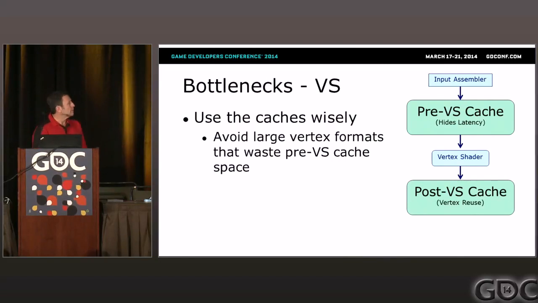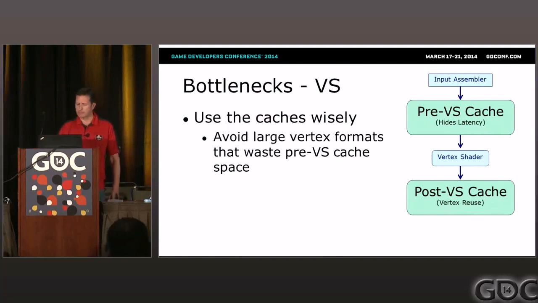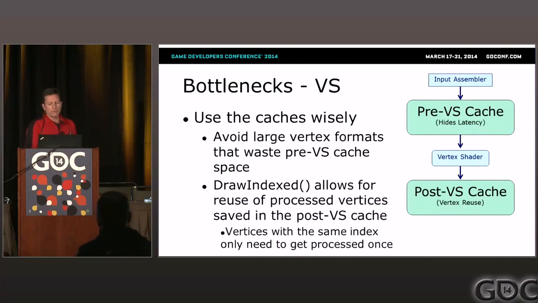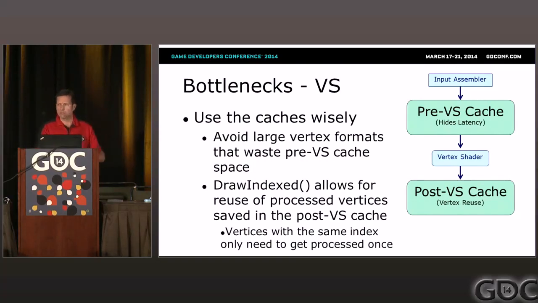In particular, you should avoid very large texture formats because they take up more space in the cache, and so you don't want to use up all of that cache space. And for making the best use of the post-vertex shader cache, you want to use draw indexed, because anytime the hardware sees the same index coming through, it'll reuse the already processed vertex and just bypass the vertex shader.